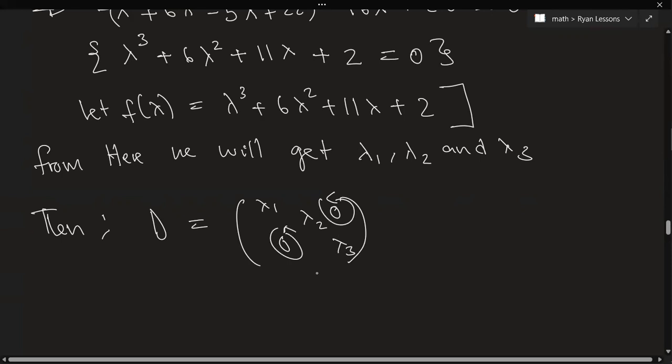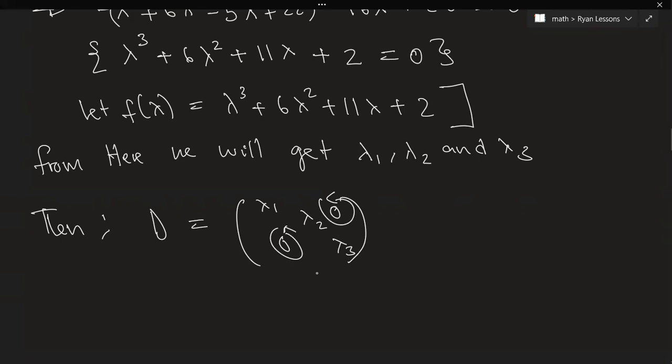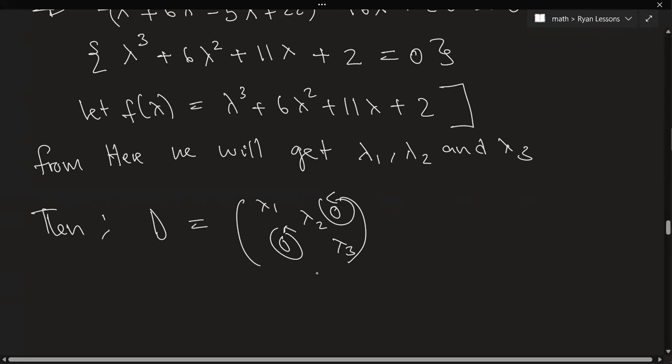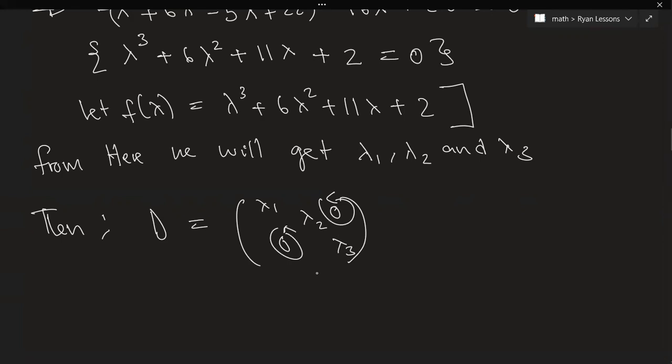It's all about finding the eigenvalues, and once you have them, you just arrange them along the main diagonal of the matrix, whereby all the other entries have to be 0. So this is what we call the diagonal form of matrix A.